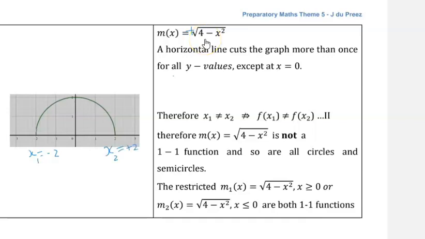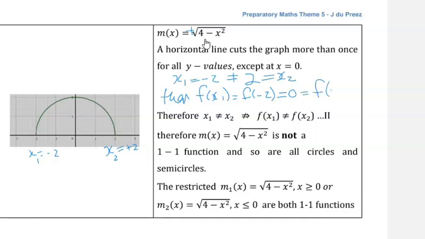So if I put x1 equal to minus 2, which is unequal to 2, which we choose to be x2, then f of x1 is f of minus 2, which is equal to 0, but that is equal to f of plus 2, which is f of x2.